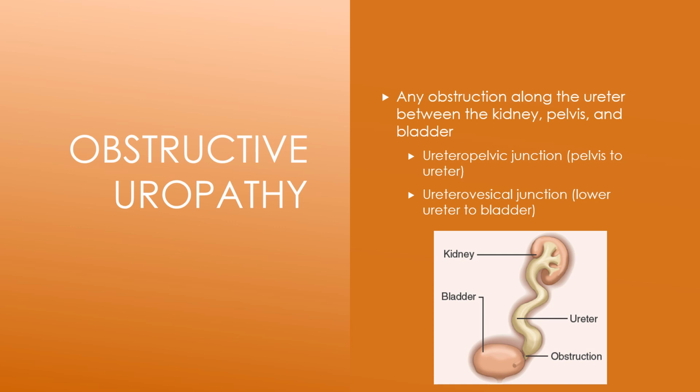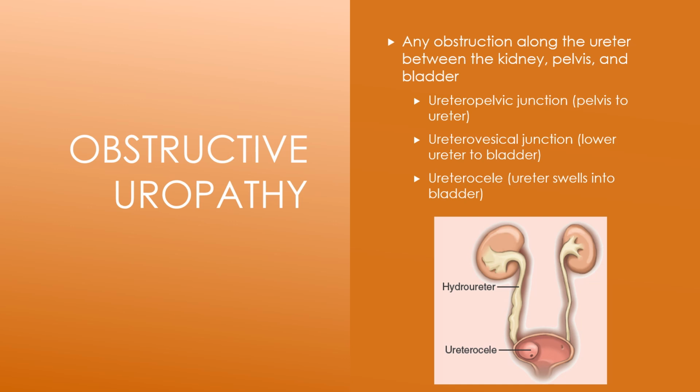The ureterovesical junction, meaning that lower ureter to the bladder, may have the obstruction. Ureterocele, where the ureter swells into the bladder, so you can see that ureterocele there.